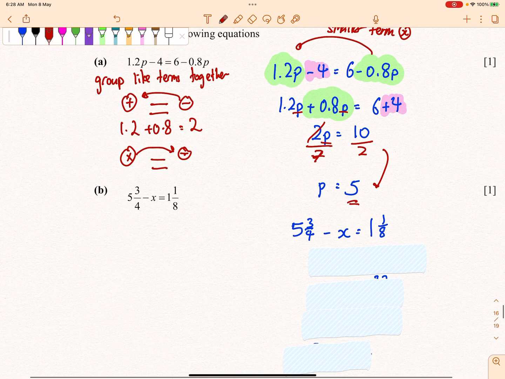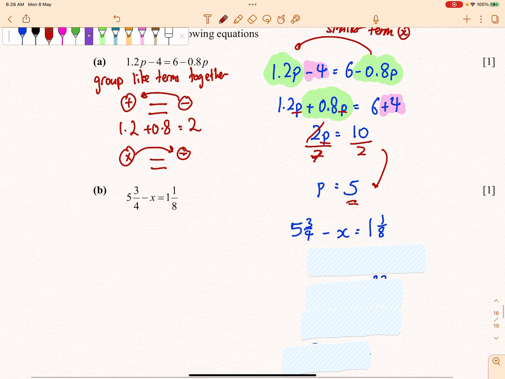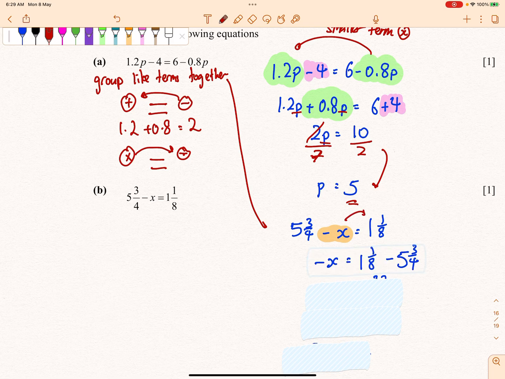Using the same idea, I want to group the like terms together. There's only one x term, so I can bring the negative x to the other side. Or if I do not want to bring the negative x over, I can bring the number to the other side.